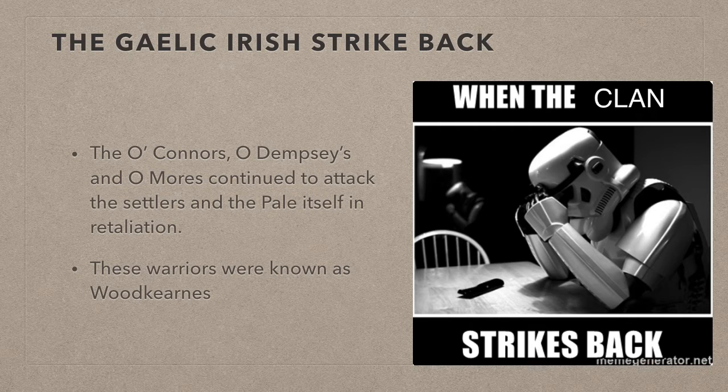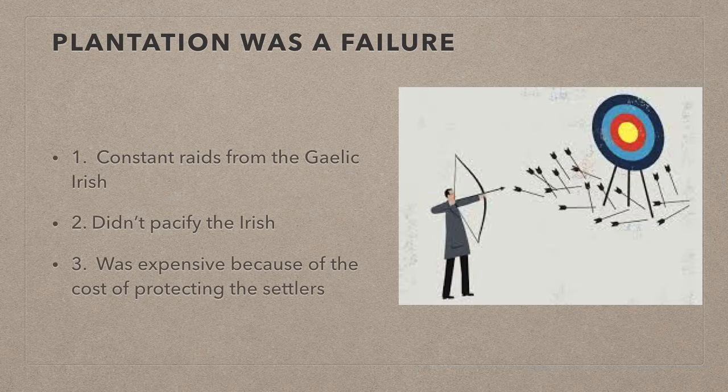However, the families that had been dispossessed, the O'Connors, the O'Dempseys, and particularly the O'Moores, continued to attack the settlers and the Pale itself, and these warriors who were attacking were known as woodkerns. Time after time, they were driven back to the mountains and bogs, only to re-emerge and attack the settlers, burn their crops and farms, and drive off their animals.